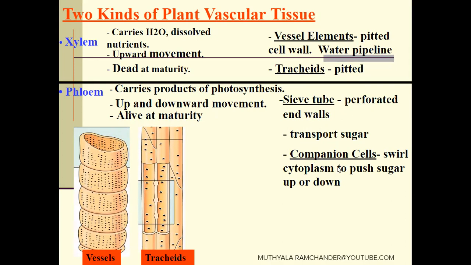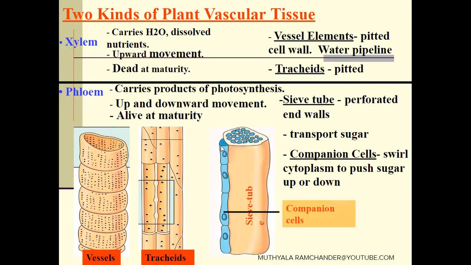They have spiral cytoplasm to push sugar in the upward or downward direction. This is the main concept of complex tissue. Structurally different, functionally similar tissues are called complex tissue. There are two types: one is xylem, one is phloem.